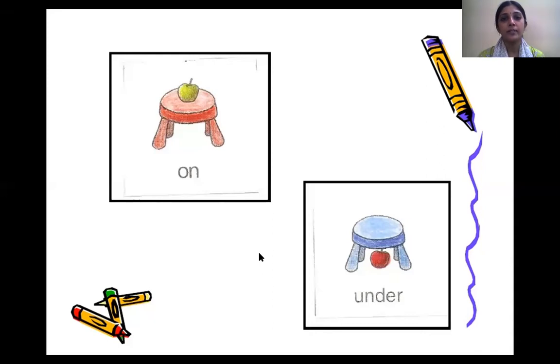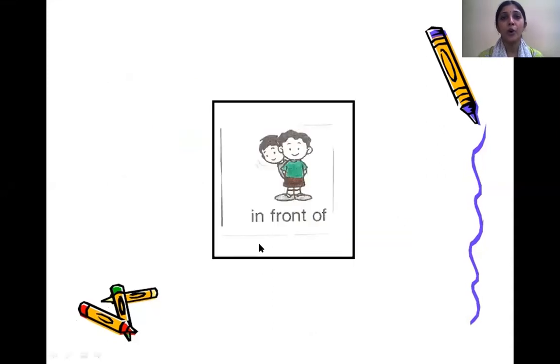The next one is in front of. There was one Hindi movie, and the title of the movie was Amne Samne. So you know, this in front of is Amne Samne. In my previous session, I had given you the example of sitting in front of the mobile screens, sitting in front of the laptop.